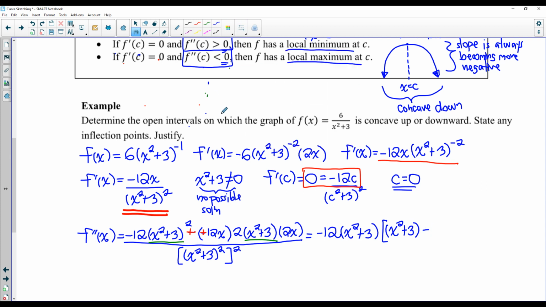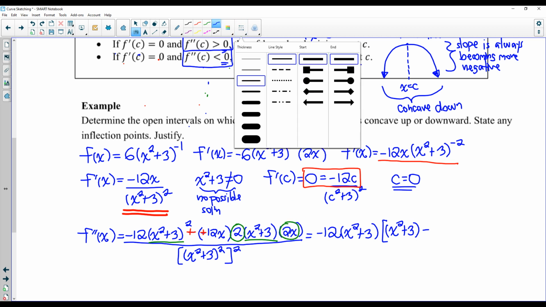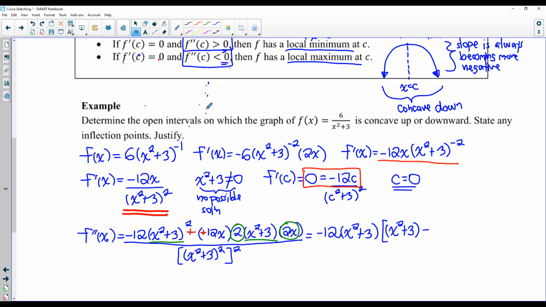And then we've got to combine some of these coefficients together. So we pulled this 12 out here, but we still have the 2 times the 2x left. So that would be left with minus 4x. And then the x squared plus 3 has been pulled out.